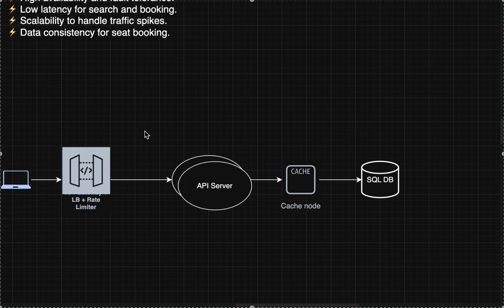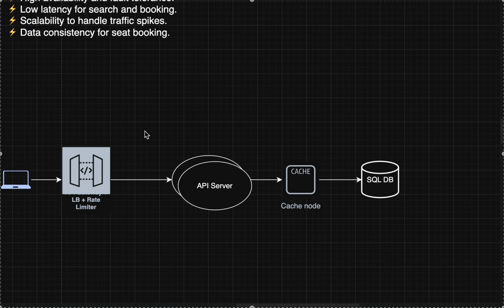And compared with that, there are booking APIs, and there can be other APIs which do CRUD operations on events, like if we want to create an event or create a show. Those APIs are also in this API server, and they will be called very few times, so their throughput will be very low compared to the booking APIs or search APIs.